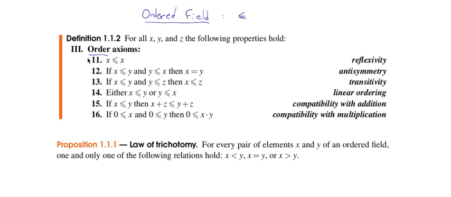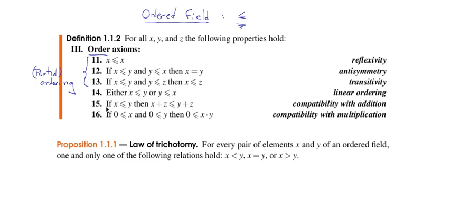These three properties define what we call partial ordering. Whenever we have any operation or relation like this with these three properties, we can order the elements in our set.